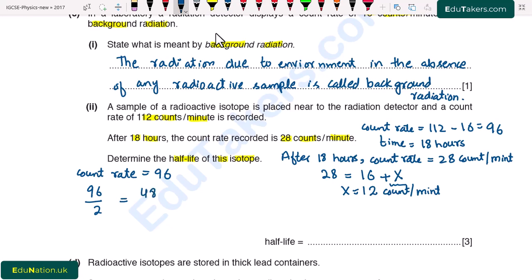So here one half-life passes. When the second half-life passes, half of this amount decays, it will be 24. Here two half-lives pass. When the third half-life passes, half of this amount remains, that is 12. It means that 3 half-lives pass to decrease the count rate from 96 to 12.